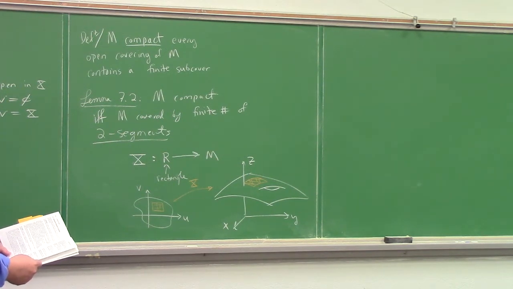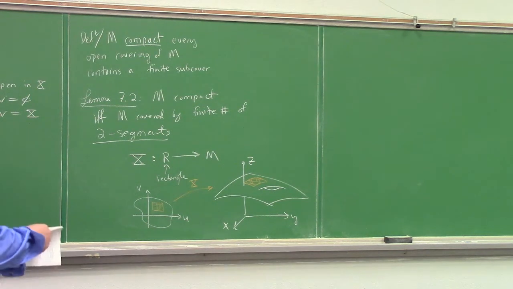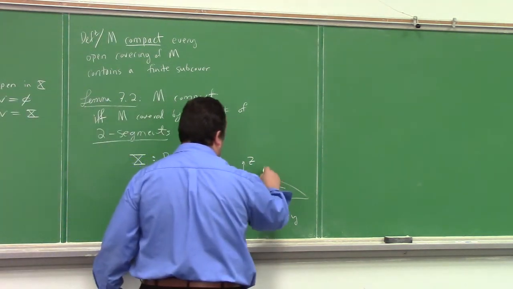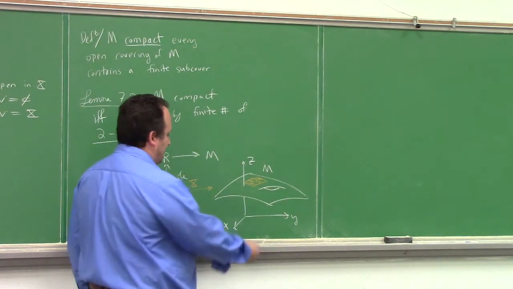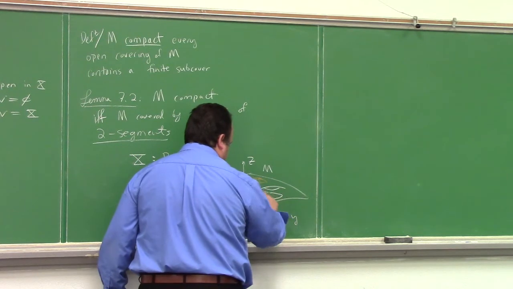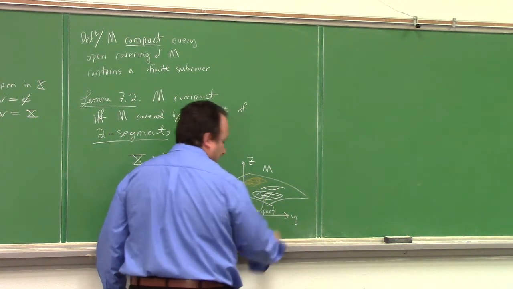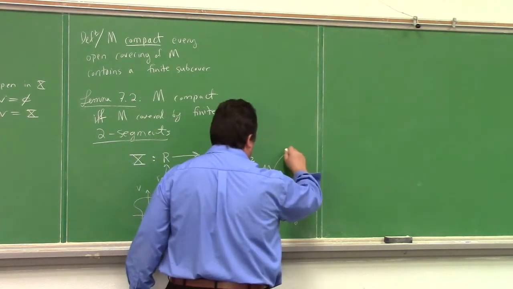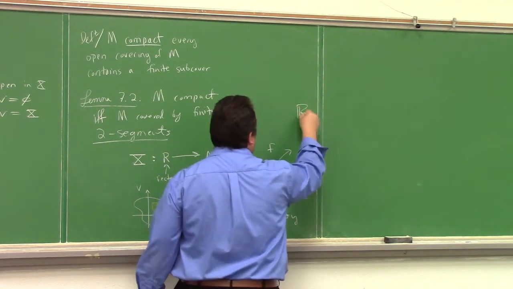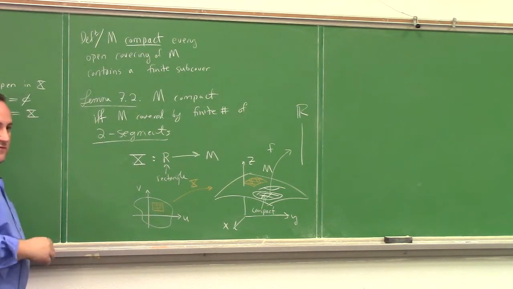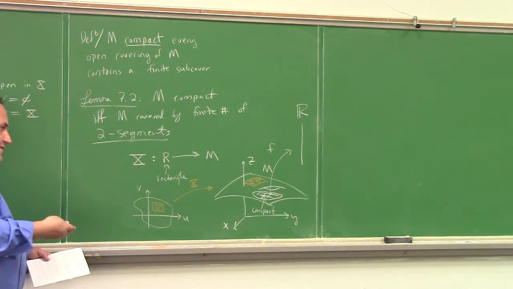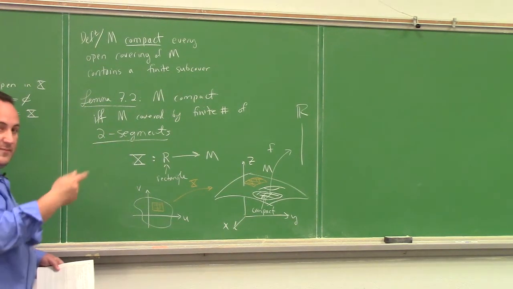And then lemma 7.3, he says, a continuous function on a compact region in a surface M takes a maximum at some point of M. So if this is M, and you take some subset of M like this, and if that was a compact subset, and you take a function f from that compact subset of the surface to the reals, then the theorem is that if f is continuous, it attains a minimum and a maximum.